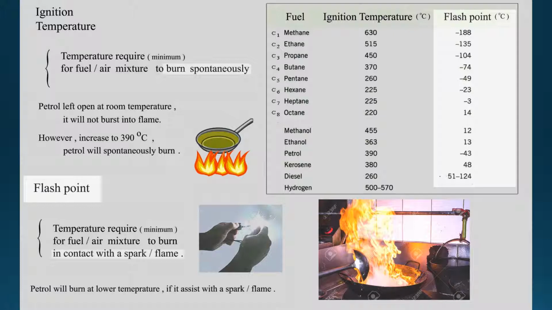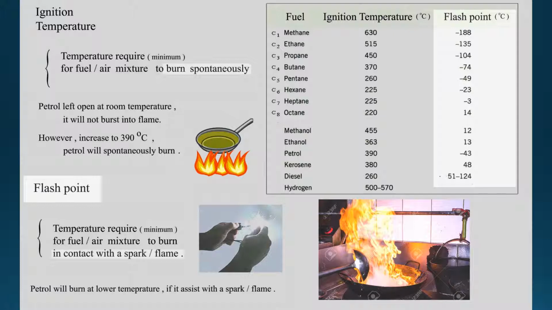So, sometimes you see how come there are a lot of accidents. In the kitchen, the cooking oil catches fire. What happened? Did the oil really heat up to 290 degrees? No. What happened is the oil was boiling, and it spilled and touched the fire.